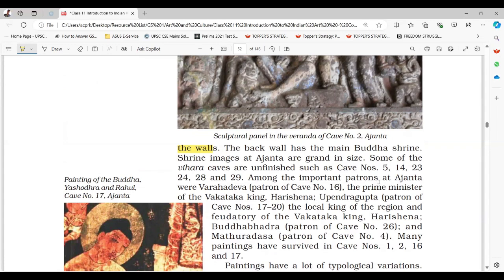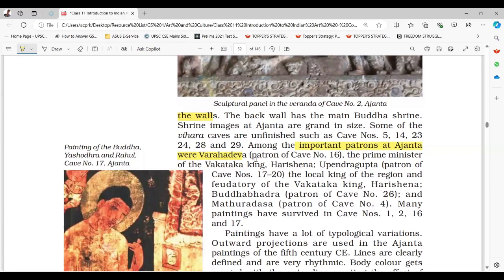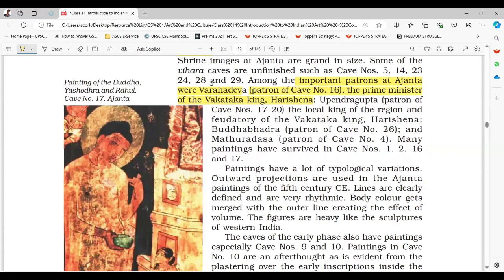Among the important patrons at Ajanta were Varahadeva, patron of cave number 16, the prime minister of the Vakataka king Harisena; Upendragupta, patron of cave number 17 to 20, the local king of the region and feudatory of the Vakataka king Harisena; Buddhabhadra, patron of cave number 26; and Mathuradasa, patron of cave number 4.